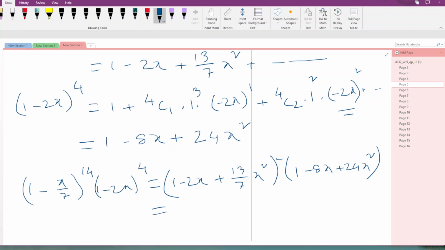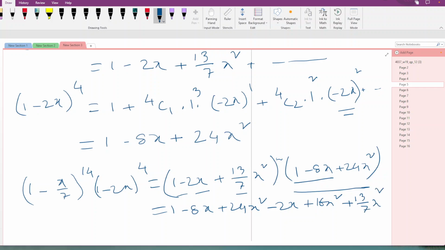Now multiply this whole thing by 1, which gives 1 minus 8x plus 24x squared, and this by minus 2x gives minus 2x plus 16x squared, and this by 1 gives 13/7 x squared, and 1 minus 10x. 24 plus 16 is 40, plus 13/7 is 293/7 x squared.